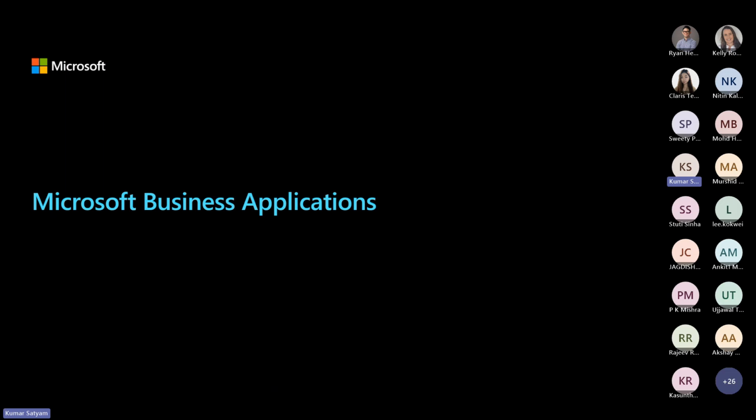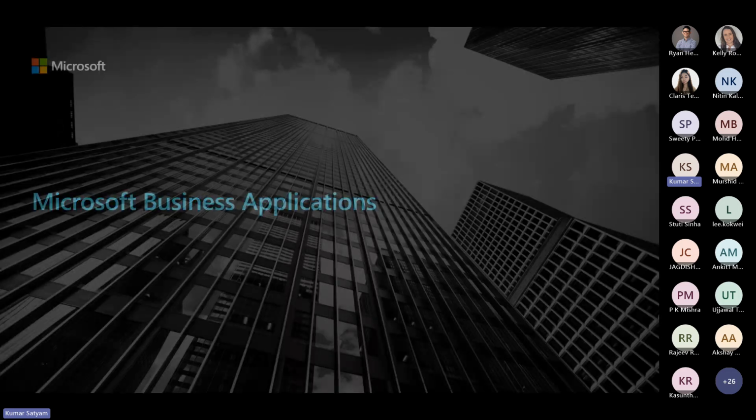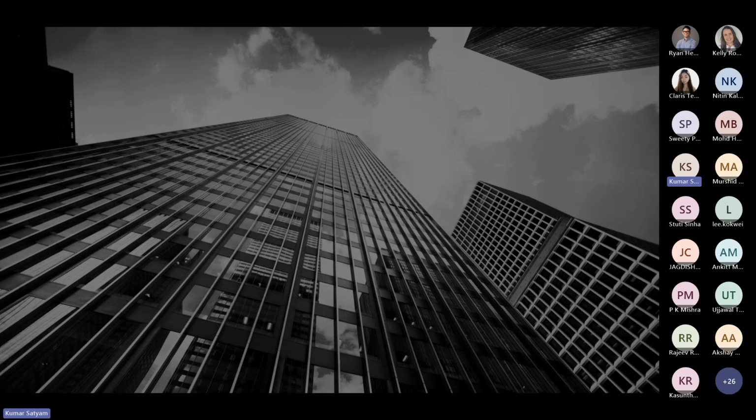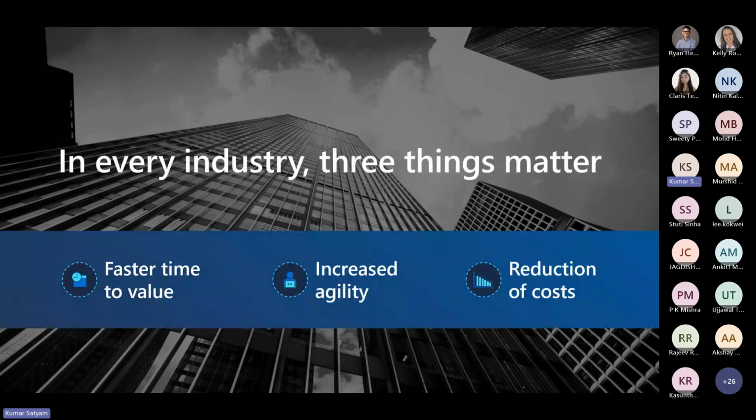Let us talk about a little bit of the platform that we are discussing in this webinar. But before that, there are three things that matter to every industry, big or small. The first thing is faster time to create value. Whatever you're doing, you're trying to create value. How can you achieve it faster?